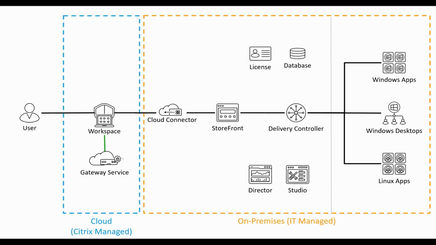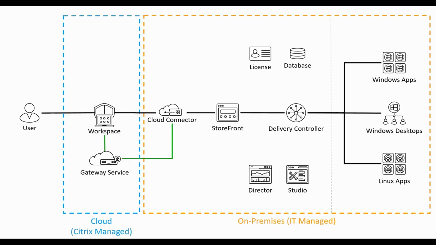The other option is maybe you are retiring Gateway, or you haven't provided that remote access yet. So what you can also do is remove the Citrix Gateway that's running on-prem, and replace it with the gateway service that's running in the cloud.